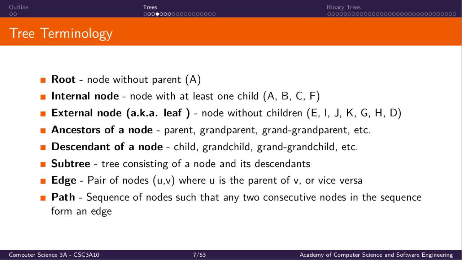An edge is represented by a pair of nodes that represents the edge between a parent and its child, or vice versa, a node and its child. Then a path will be a sequence of nodes such that any two consecutive nodes in the sequence form an edge. So we give a sequence of nodes in such a way that any pair of consecutive nodes must have an edge between them.